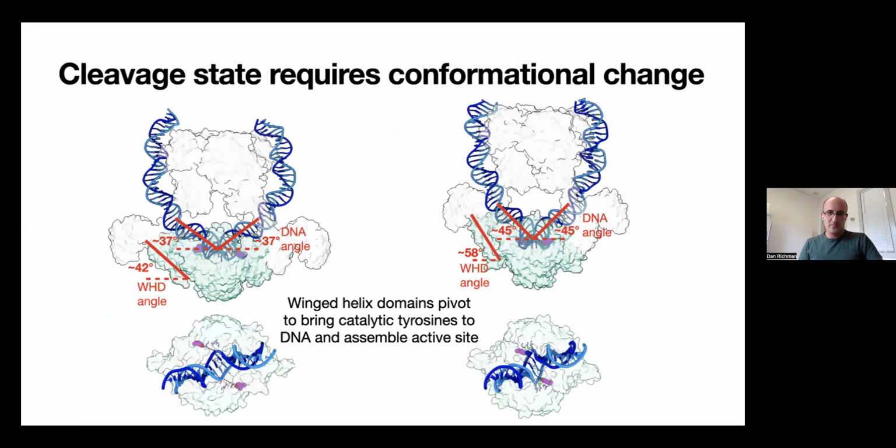Another key benefit of having these states to compare against each other was that we were able to see the conformational changes required to enter the cleavage competent conformation. One of the B subunit's domains is the transducer domain.